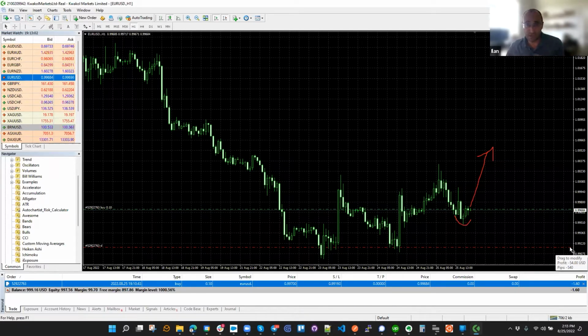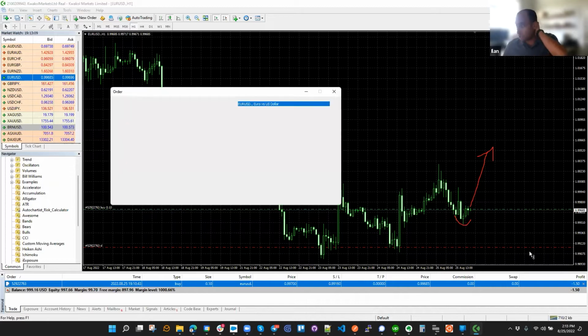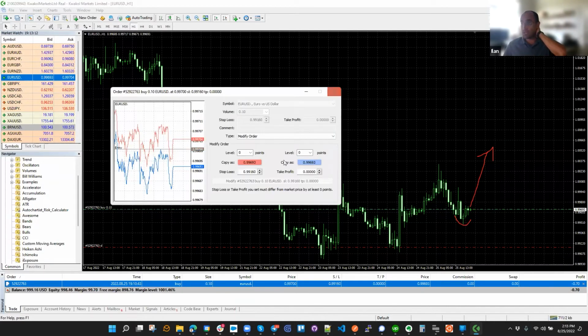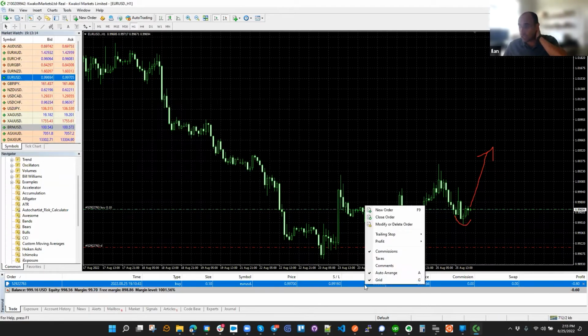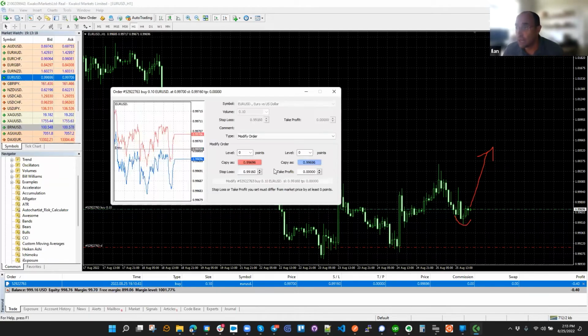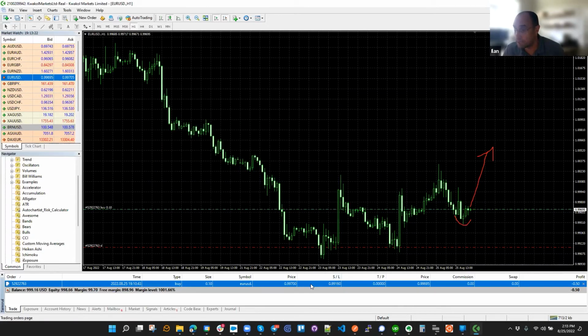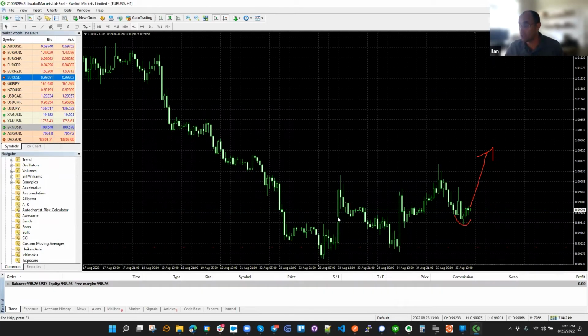It's very easy to count in Euro USD because every point is worth $1 or $10, right? Depending on your account type. So with this situation, it's actually quite easy to calculate your stop losses and take the size of your position, right? So what I'm going to do is I'm going to close this order.